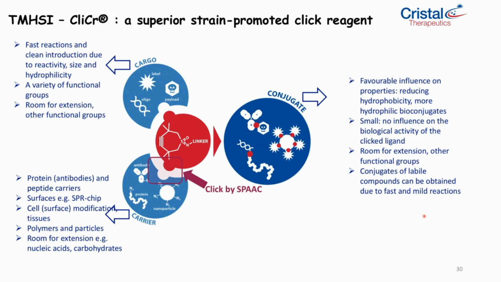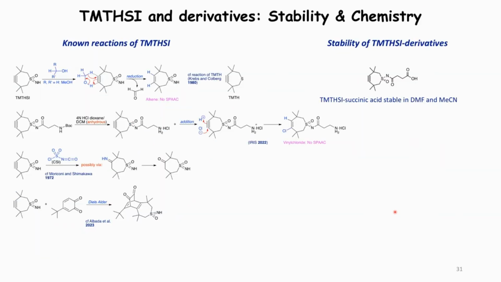And what is interesting, because this reaction is happening fast here, we can prepare conjugates of labeled compounds, so having in-cell studies. Now, interestingly, if we develop the chemistry, you have to know as much as possible about the chemistry. And we keep on developing and gaining information about this chemistry.